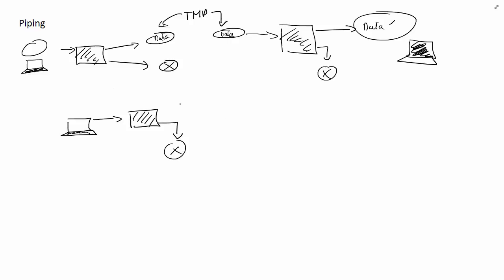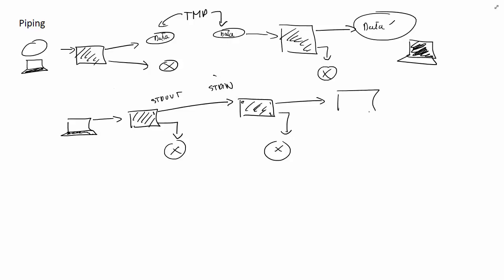I can generate my error message here, but I would really like to connect directly the STDOUT of this tool, descriptor 1, to the STDIN of this tool, descriptor 0. And then, as usual, my errors can go to the screen. That would be great, because it would get rid of unnecessary intermediary steps. So that's exactly what we are going to learn to do in this video.